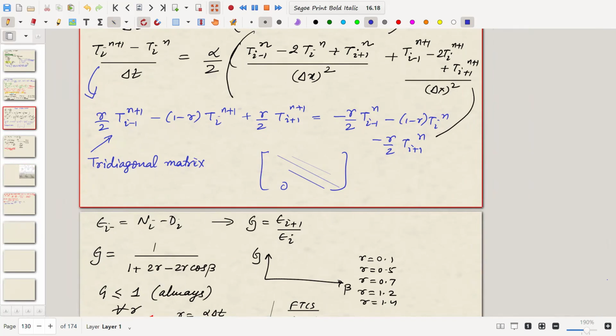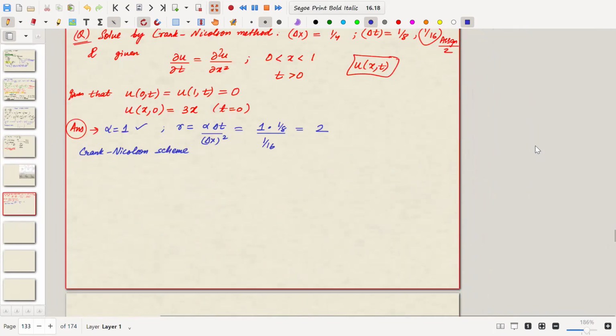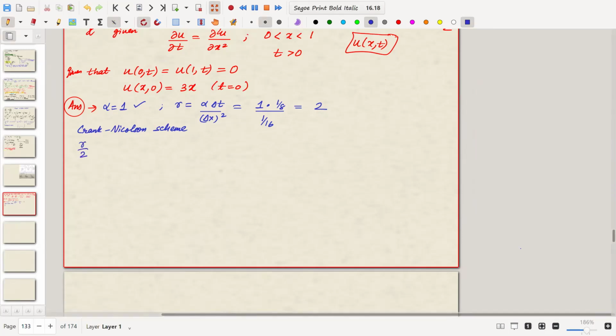You have written it down, so then no need. Yes, R by 2. R is alpha delta t by delta x squared, I wrote it in R only.